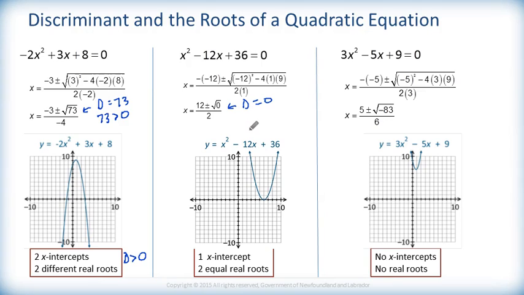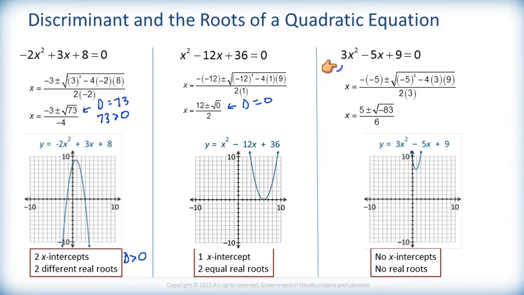So we have a case where our discriminant is 0, and if we graph the corresponding function, we will get one x-intercept, because we really only get the same root twice, 12 over 2, which is 6 in this case. That's the only root we would get. So we get one x-intercept, which we call two equal real roots, because the plus case and the minus case are one and the same. They are equal to each other.